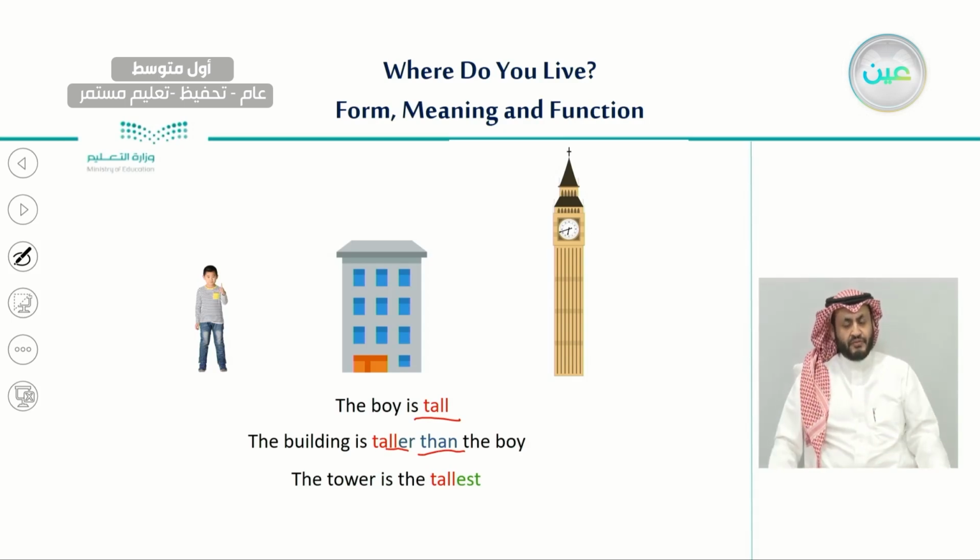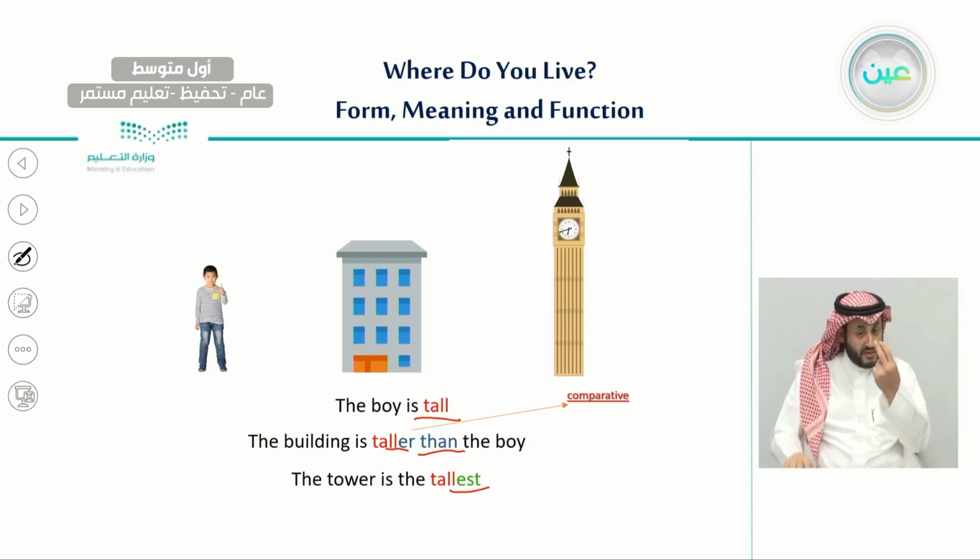But if we want to compare all three things or even more, we would add to the adjective three letters, which are E, S, and T. So here, why did we say the tower is the tallest among the building and the boy? This form, ER and adding than, we call the comparative form.